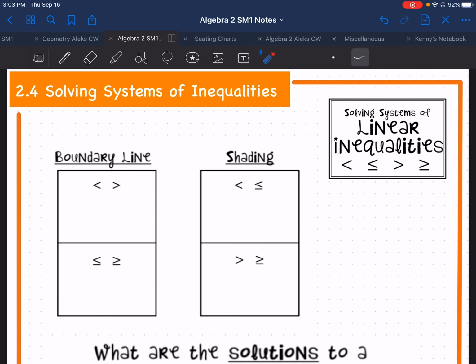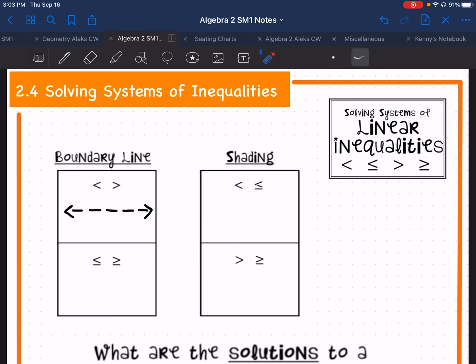So when I have the less than or greater than symbols, my boundary line, the line that I'm going to draw for my graph of my function, is going to be what is called dashed or dotted. It has to have space left in the line.